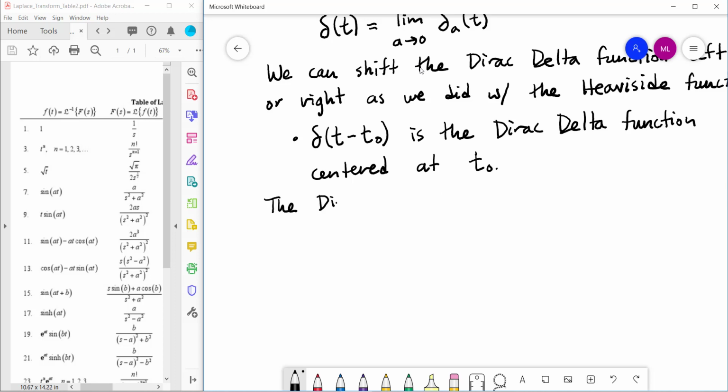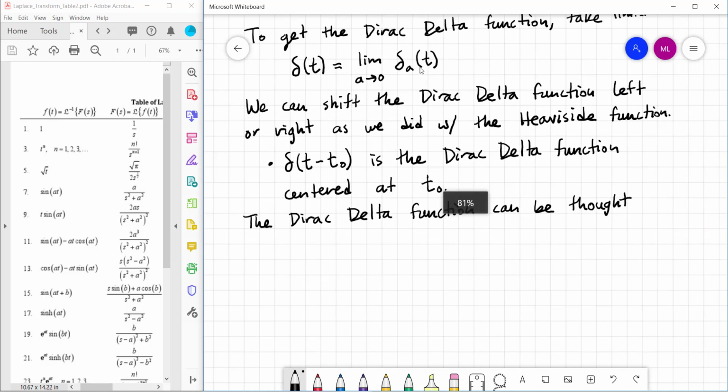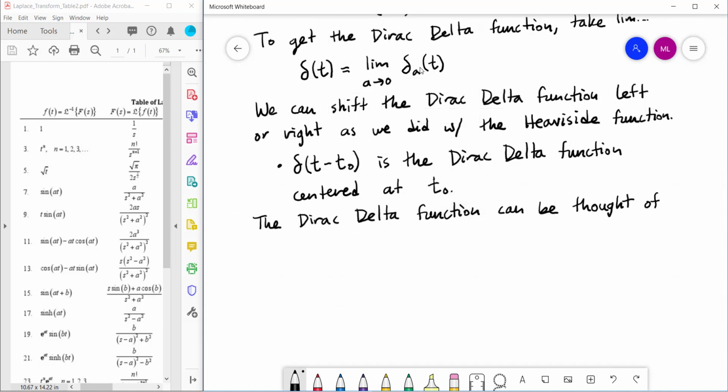The Dirac delta function can be thought of as hitting something with a hammer, like an instantaneous transfer of momentum.